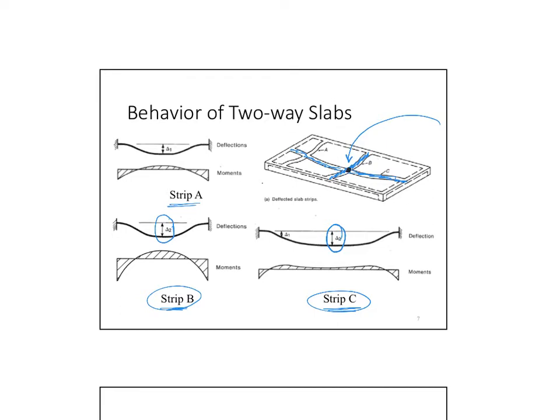And then based on the fact that we have the two strips exhibiting the same deflection, while strip B contains a higher stiffness than strip C because of the length, then definitely strip B will get a higher force than the force taken by strip C. That's why we say that the short direction in the two-way slab takes higher load than the long direction.